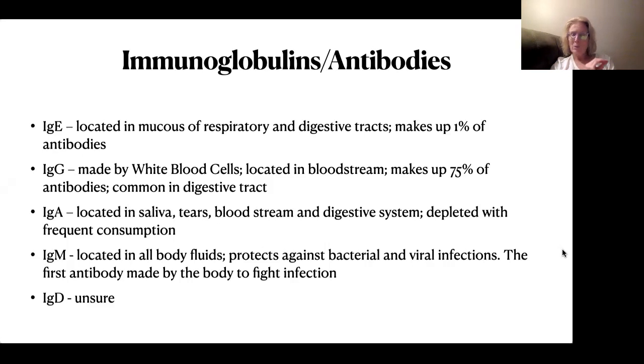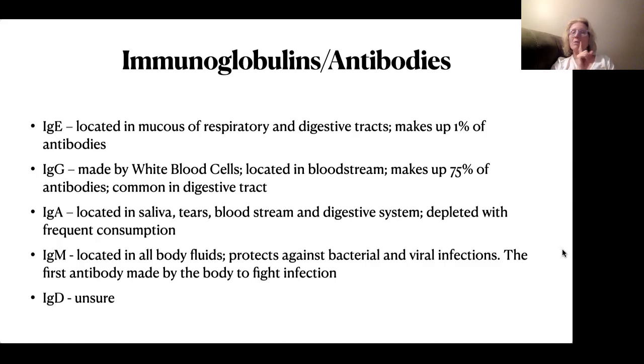When your body is exposed to something and it has an issue with it, it will develop an antibody and create a response. And there's different types. IgE is immunoglobulin E. That's in your respiratory tract, it's in your digestive tract, but it only makes up about 1% of your antibodies.